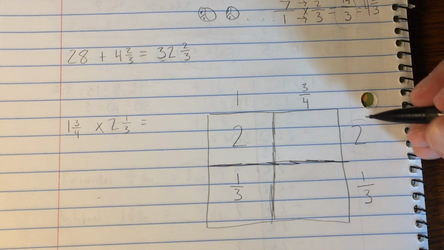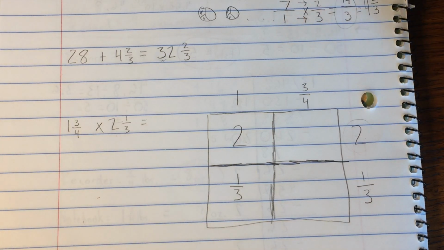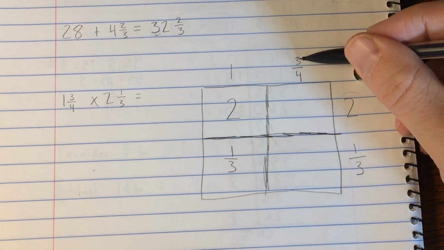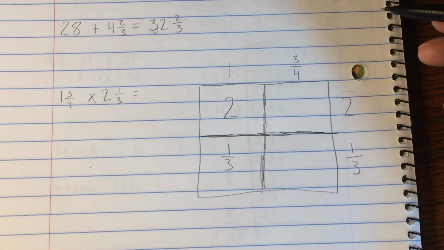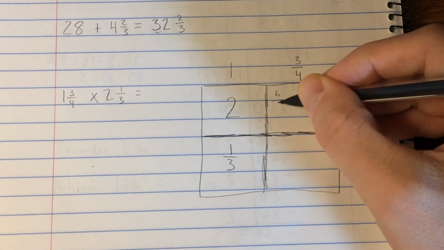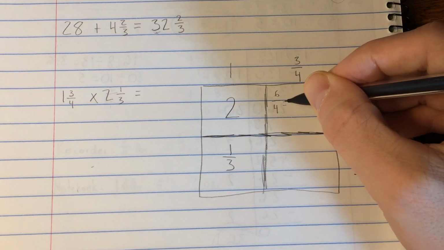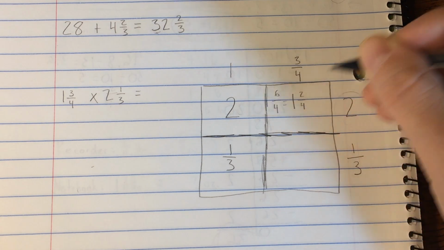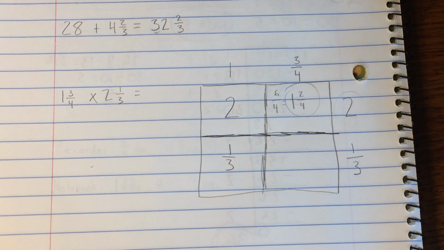We're left with 2 times 3/4, and I know 2 times 3 is 6, so that would be 6/4, which I want to reduce. So 6/4 equals 1 2/4, also known as 1 1/2. Okay.